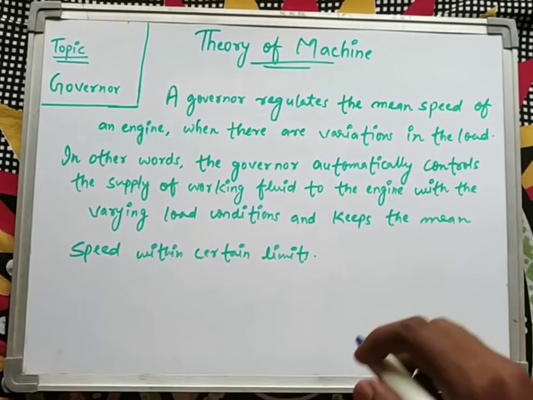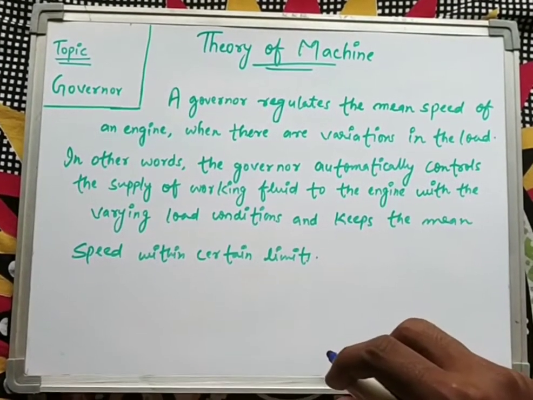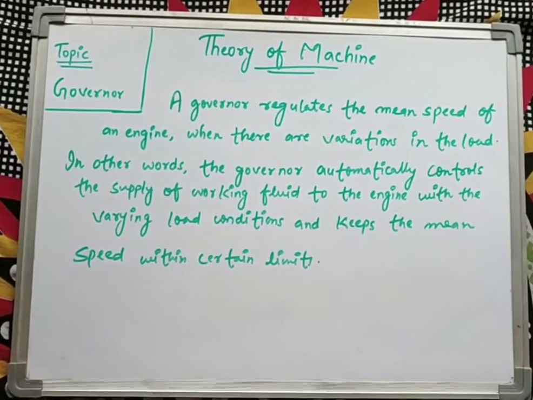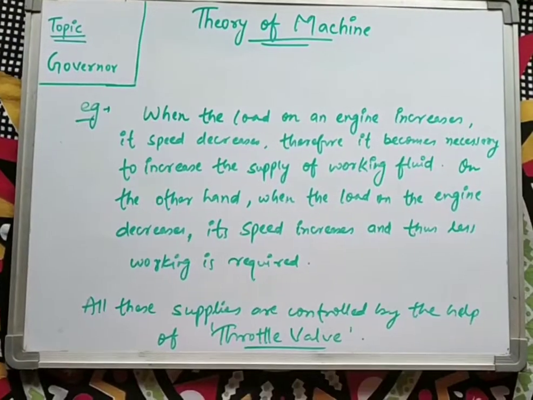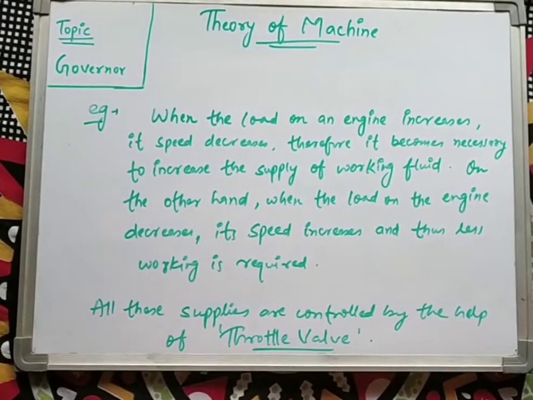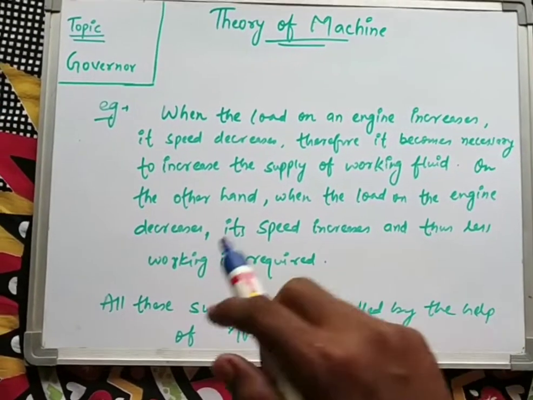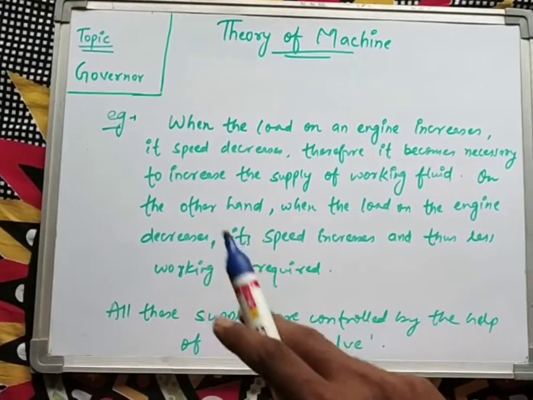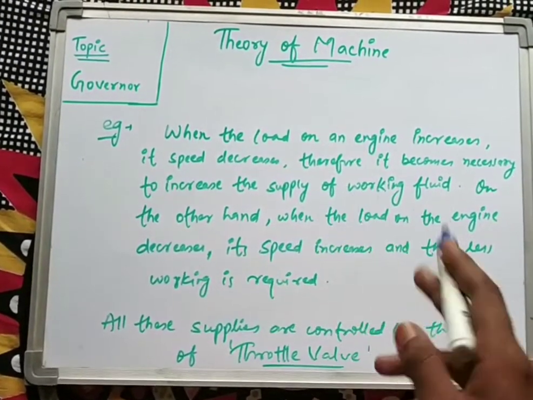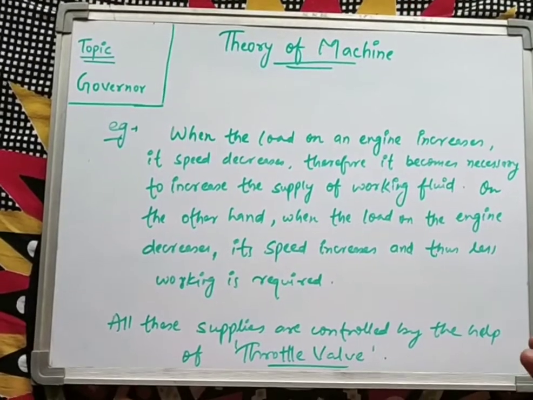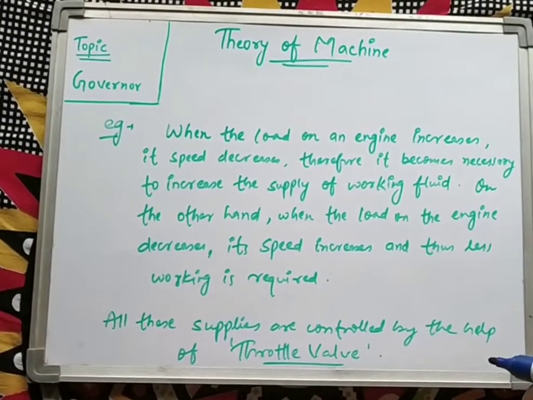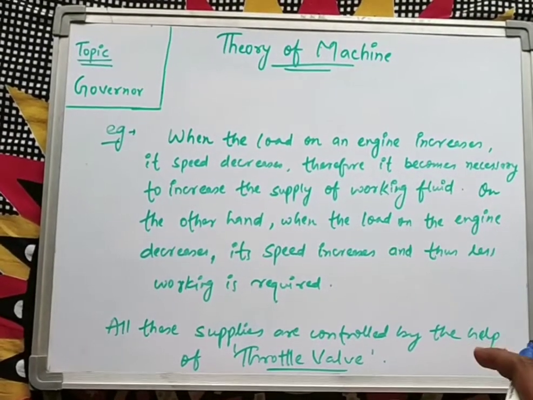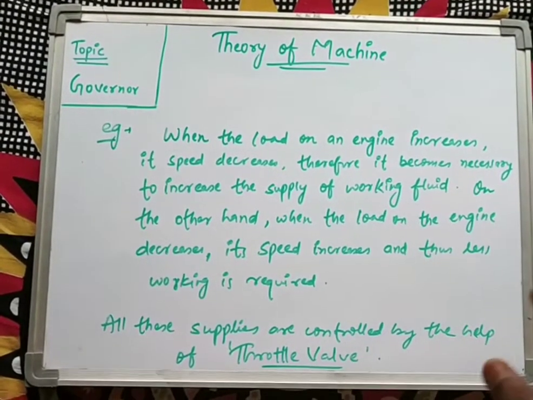To better understand what a governor is, let us take a practical, basic example. When the load on an engine increases, obviously, when we carry a load of 5 kg, our walking speed will definitely decrease, and when we are unloaded, our speed increases.